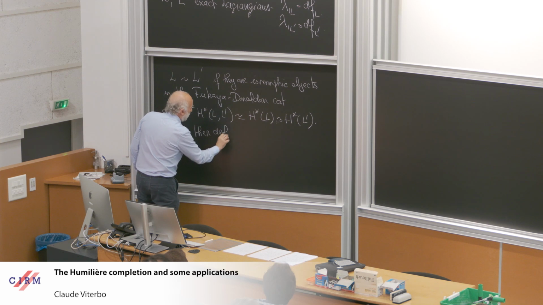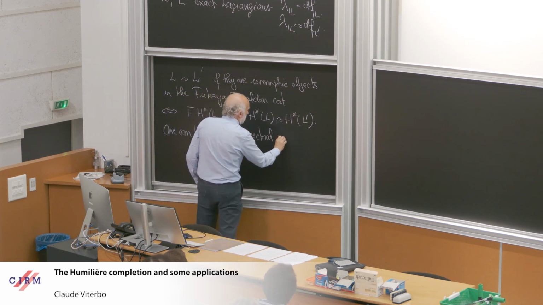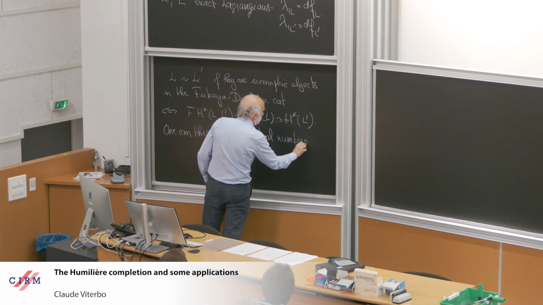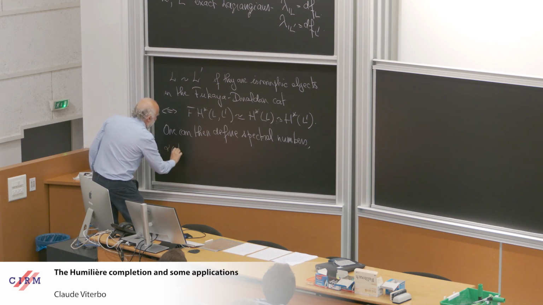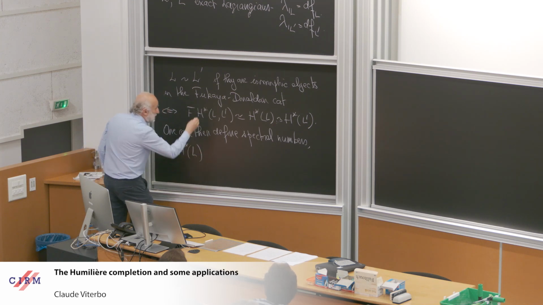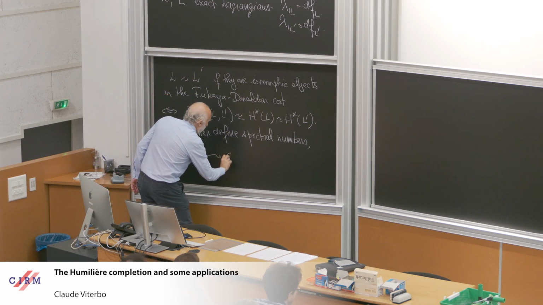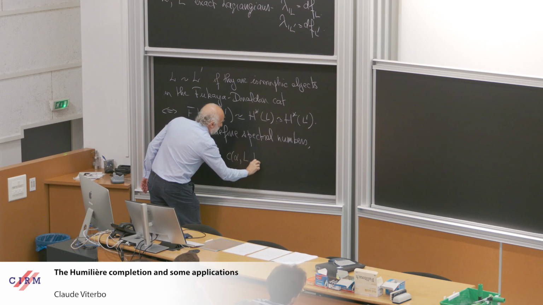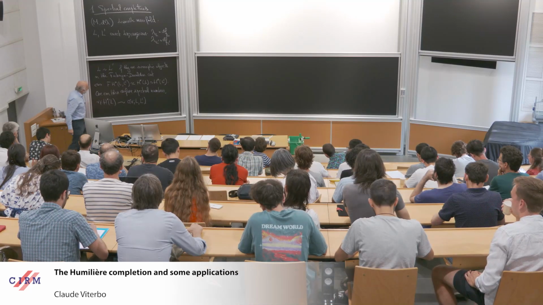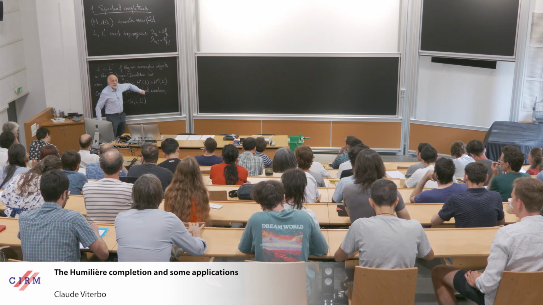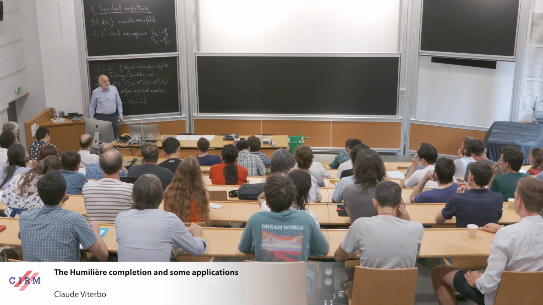Okay. So in that case, you can then define spectral numbers. So if you take alpha, for example, in H star of L, which is the same as H star of L prime, or FH star of L, L prime, you associate c of alpha, L, L prime. And for example, if you do that, you need to know what the primitive of df of lambda restricted to L and lambda restricted to L prime is.